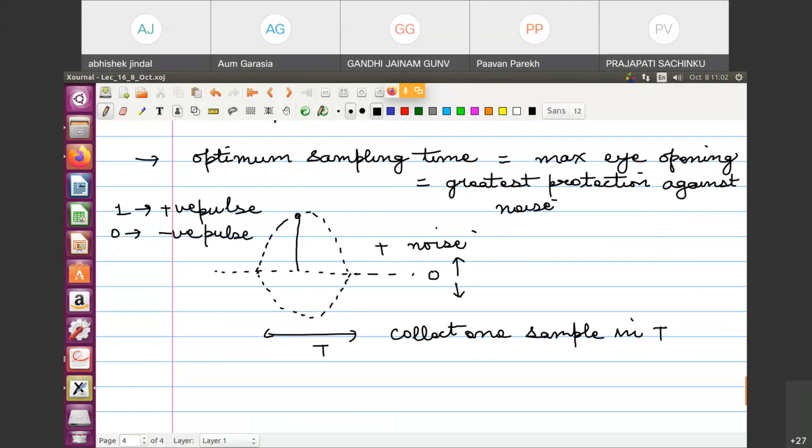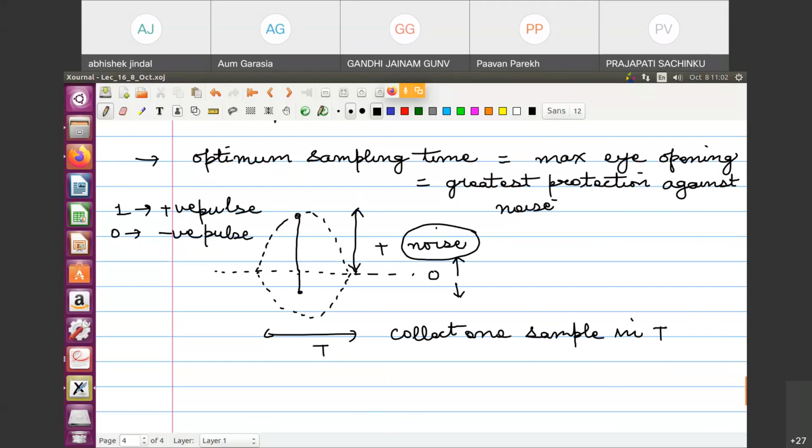Now suppose noise adds into the system. This noise will change this level. So the margin which the noise has to create an error is this much. If my noise value is suppose this length and in the negative, it will take my signal to the down level.